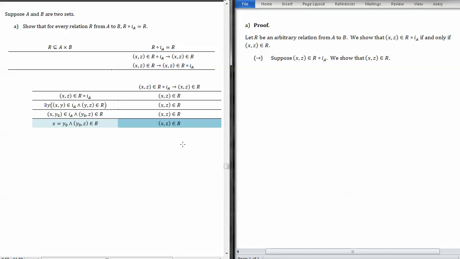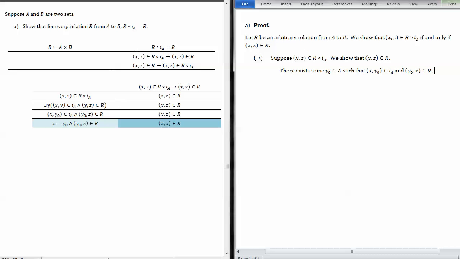Okay, so let's type that proof. We want to say that because x, z is in this composition, there exists some y naught in the set A such that x, y naught is in the identity on A, and y naught, z is in R. Okay, so where am I so far?